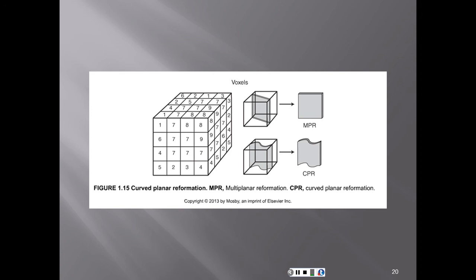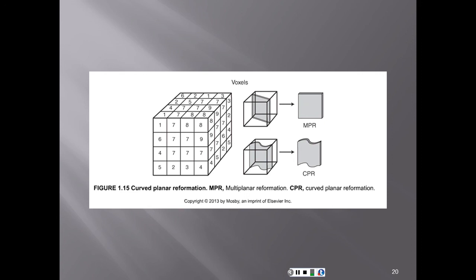You can even look at it in a curved planar reformation. This would come in handy when you're looking at curved structures such as the mandible of the jaw. If you wanted to look at all the teeth in one slice, one particular image, you can have a curved mode.